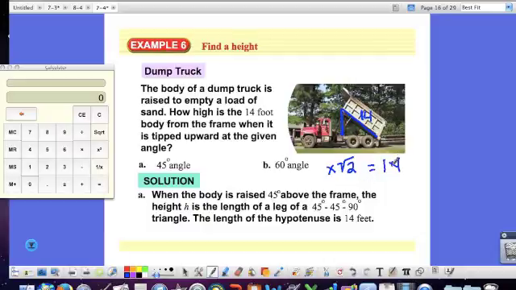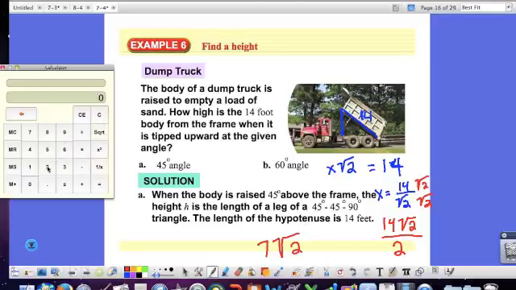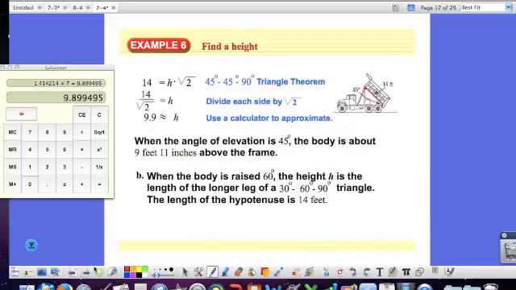I'm doing the 45-degree angle. Okay, I divide both sides by radical 2. I get x is equal to 14 divided by radical 2. So as I told you, then I'm going to multiply the top and the bottom by radical 2. I get 14 radical 2 over 2. 14 divided by 2 is 7. 7 radical 2. So square root of 2 times 7 is almost 9.9 feet above the ground, if I did that correctly. And that's about 9 feet 11 inches.